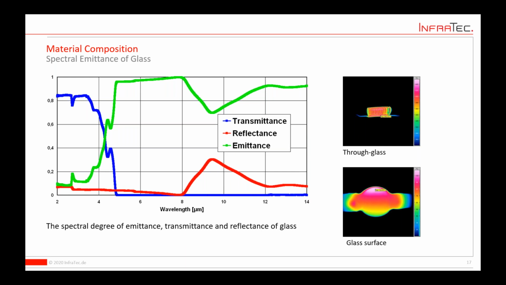And you see here these fundamental aspects. The object can be transmissive for IR radiation, the object can reflect the IR radiation, and it can emit the radiation itself. And you see here, for instance, on the green curve, which is the emission of glass, around 8 micrometers you have a really high emissivity.